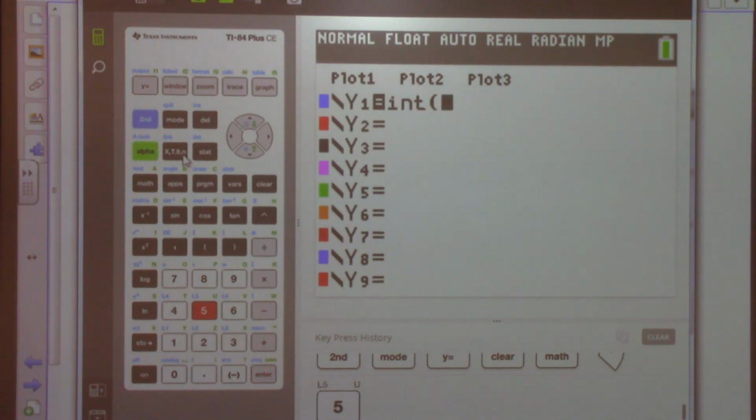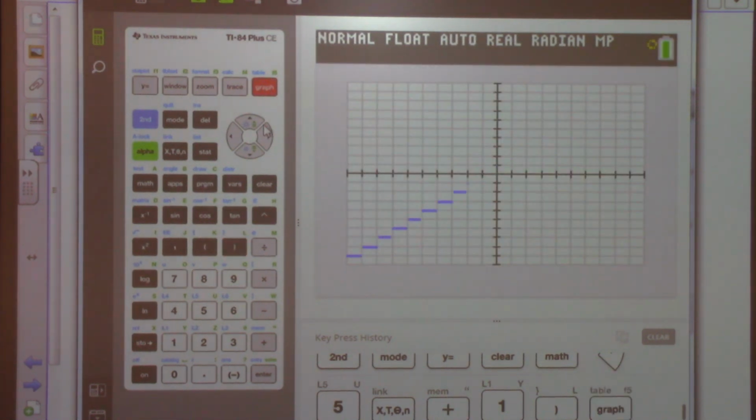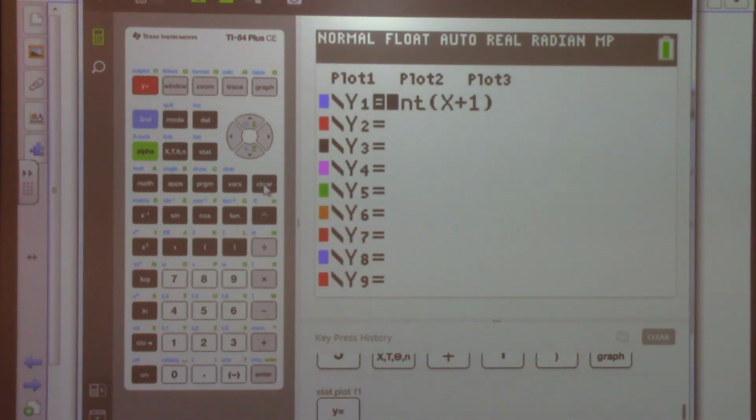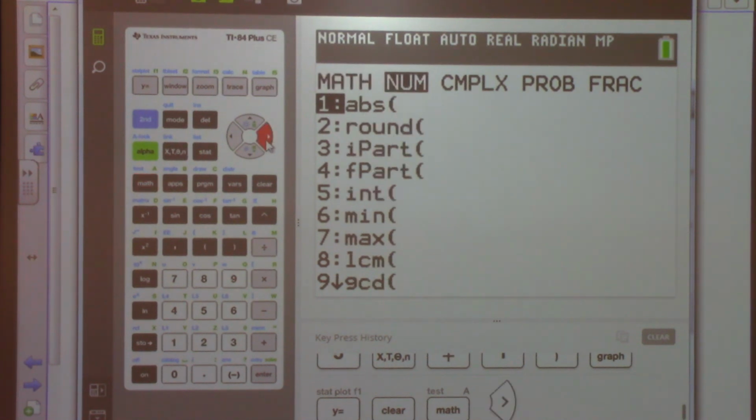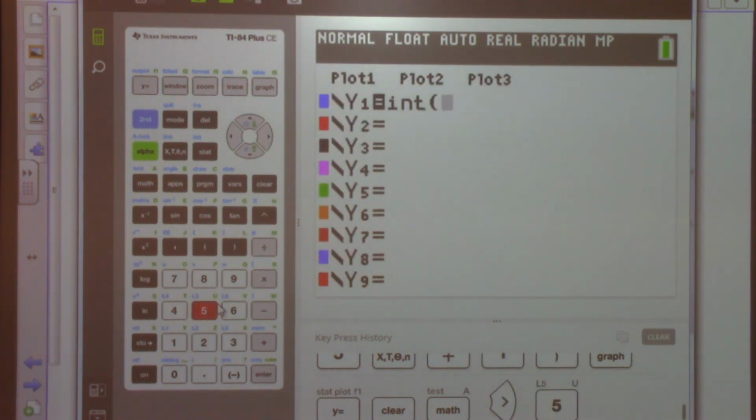Then graph. Do you need to see it again? I'm going to clear this out. Math, number, 5. Well, I'm glad you asked the questions. Anything else you don't see?